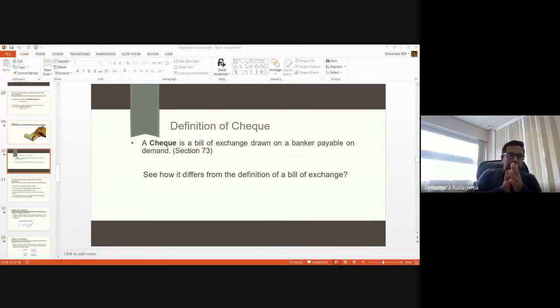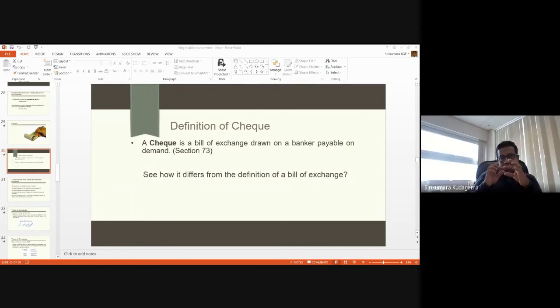It's a bank always. Now, on the other hand, it is implied that who can give an order to the bank? An order to the bank can be given only by a customer of the bank. If I give an order to some bank where I don't have an account, they are not going to pay, right?